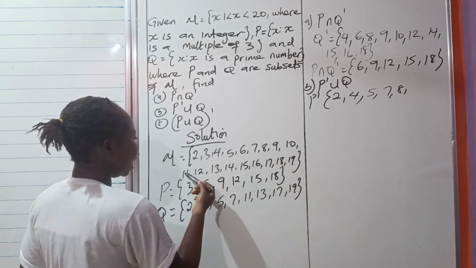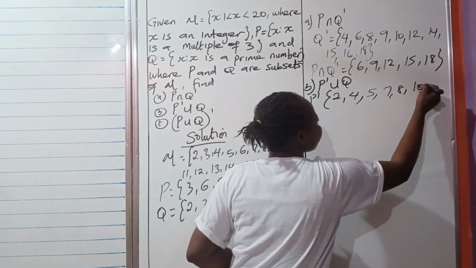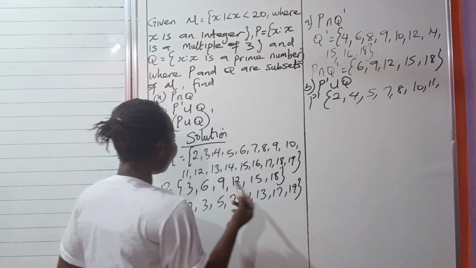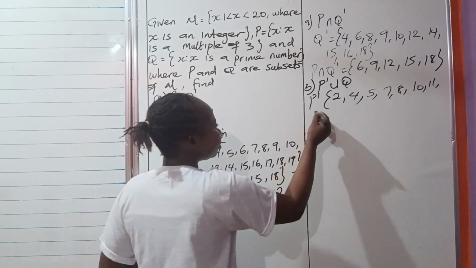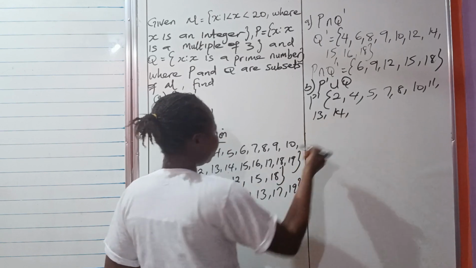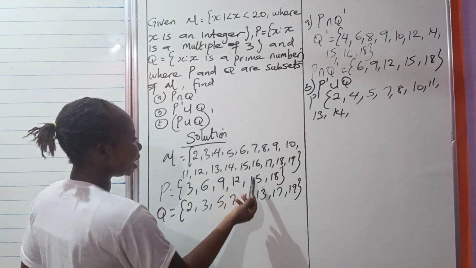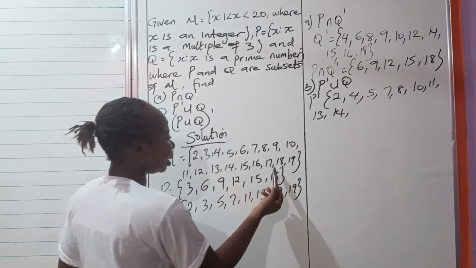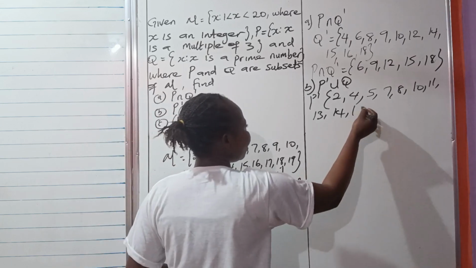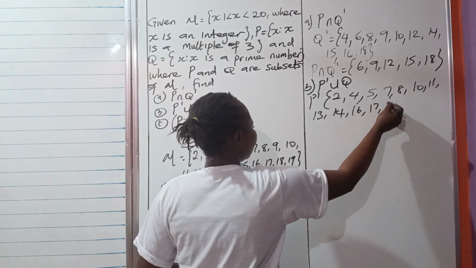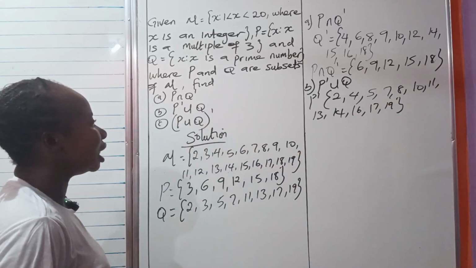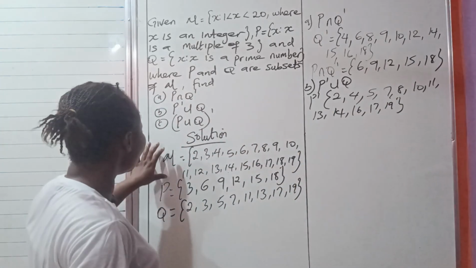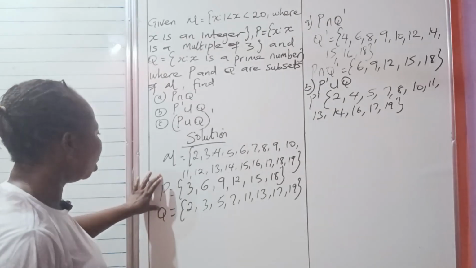So 10 and 11. After 10 and 11, 12 is here. 13, 14. 15 is here, 16 is not here, 17 is not here, and 19. So we have 16, 17, and 19. These are the P prime, the elements that we have in the universal set but are not in P.